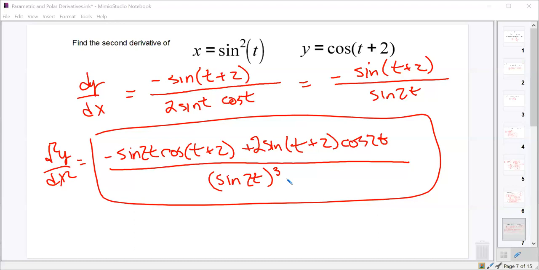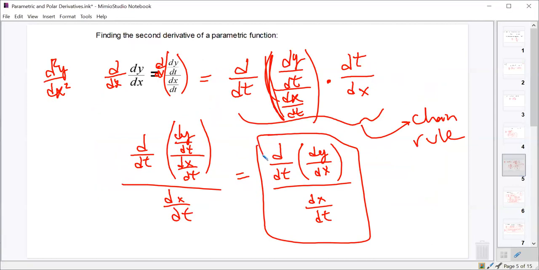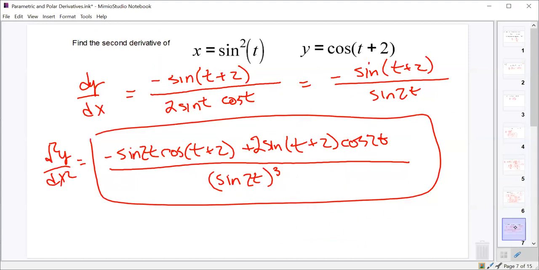And then, because of our rule, the second derivative with respect to x is, once you've done your derivative of dy/dx with respect to t, you have to divide it by dx/dt. And dx/dt, we already found to be 2 sine t cosine t, or sine 2t.